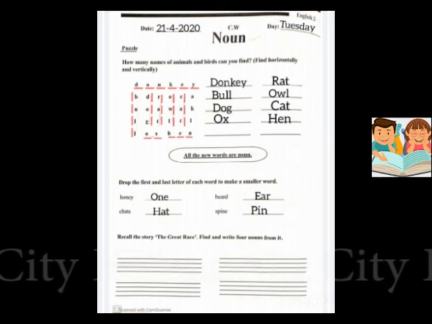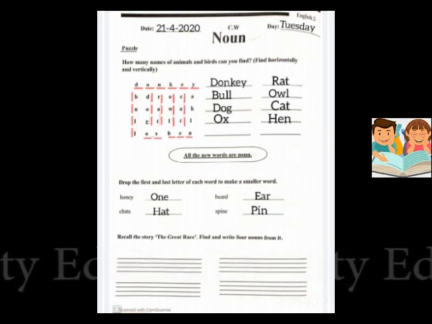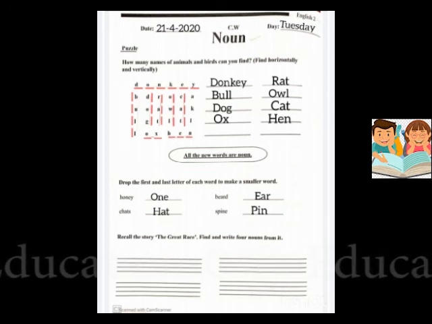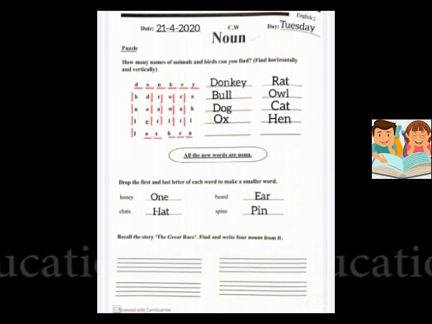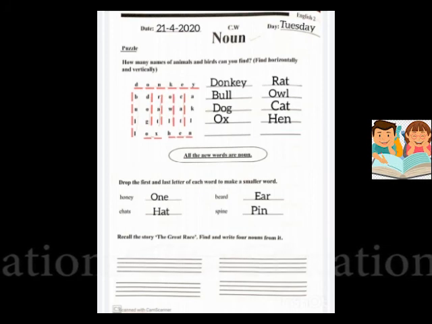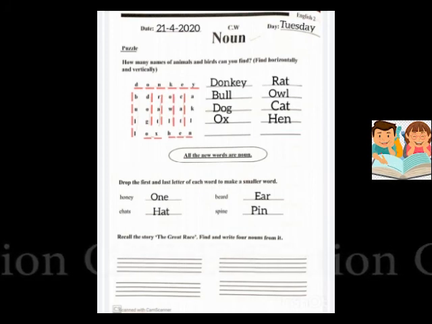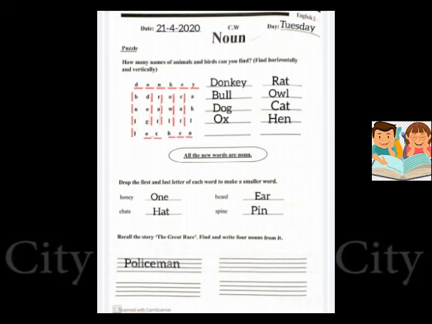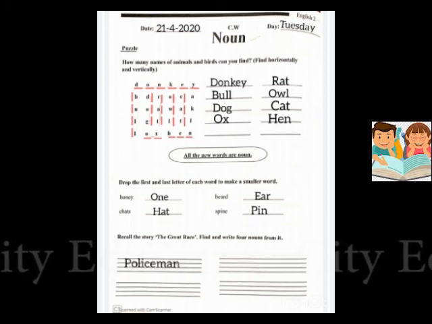So what is a noun? A noun is a name of a person, place, thing, and animal. So in this story we find the name of a person, that is Mr. Policeman.